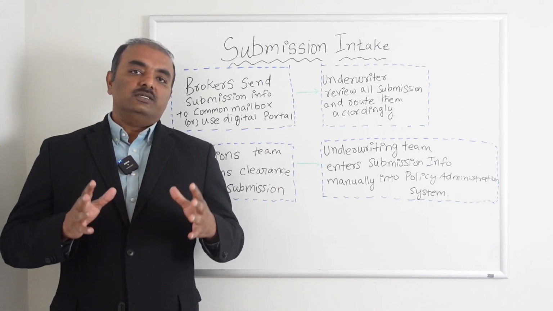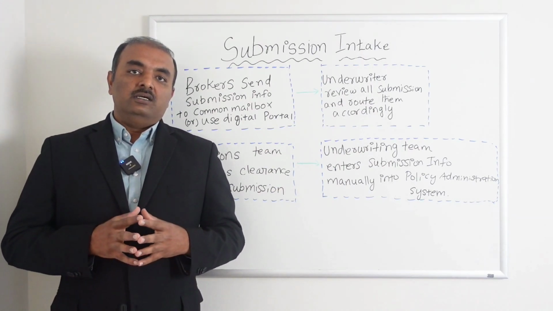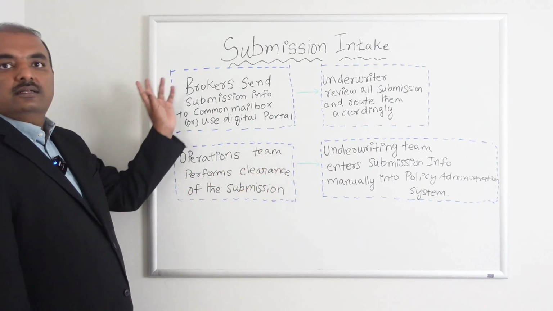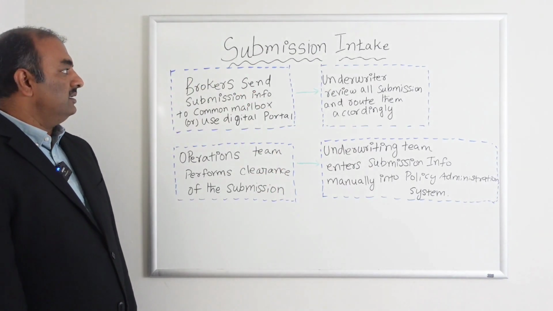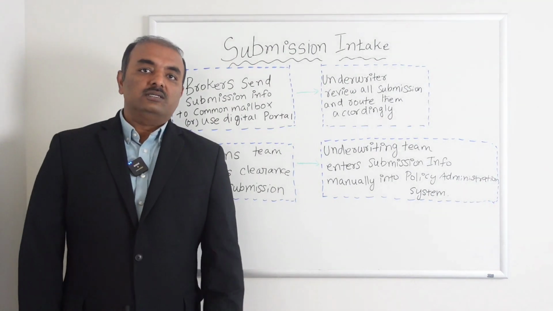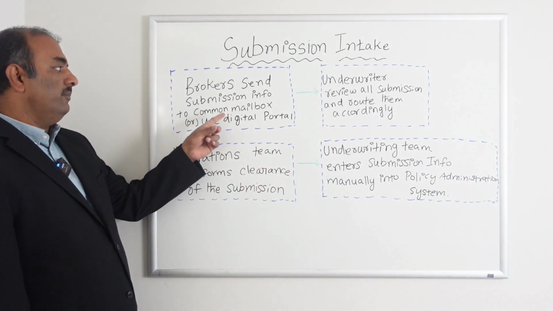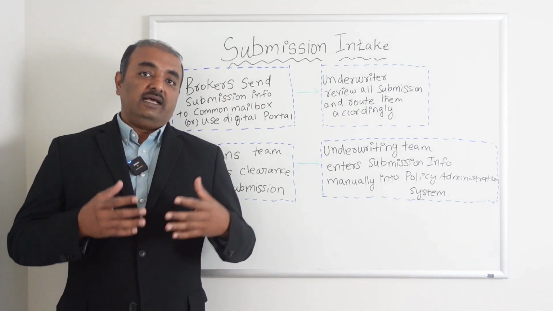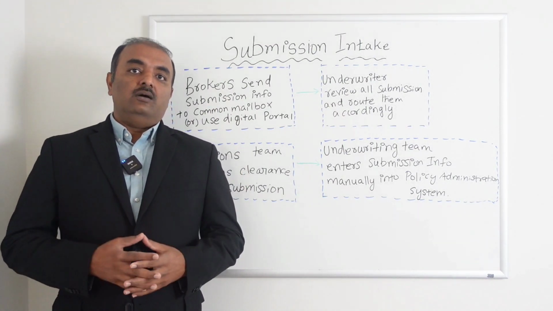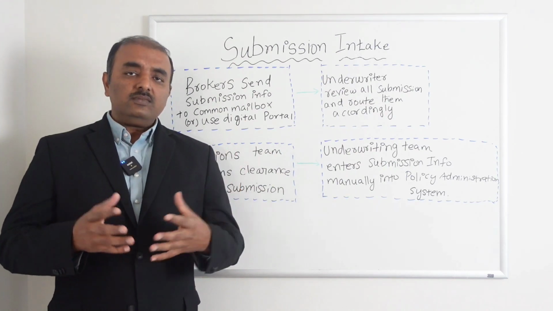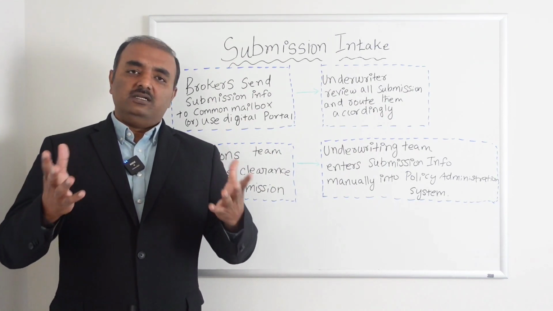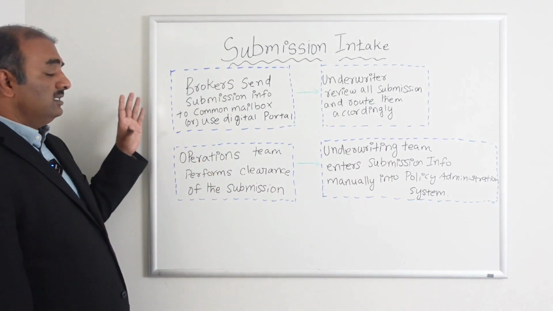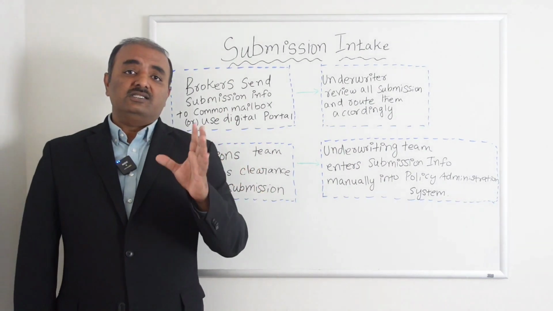Nowadays, with a lot of automation and artificial intelligence, we have a lot of systems that automate this entire life cycle. When I say automate the entire life cycle, the moment a broker sends the information to a common mailbox, we can have artificial intelligence technologies like natural language processing or some other machine learning, which can read both structured and unstructured documents.